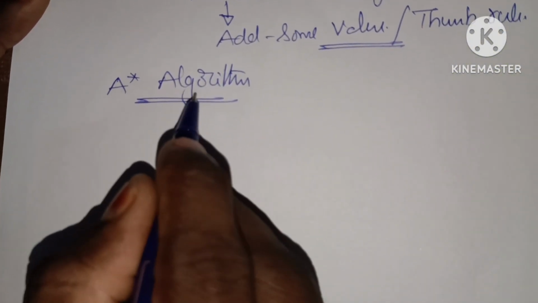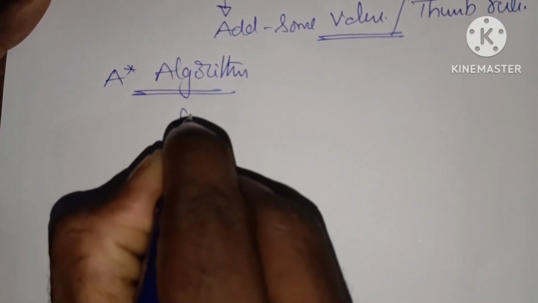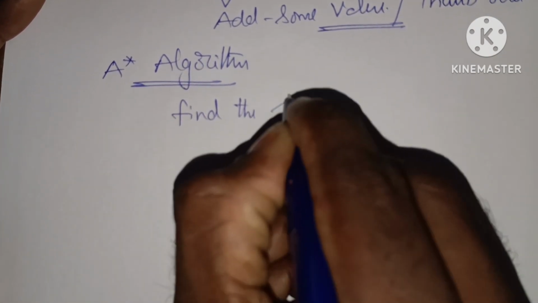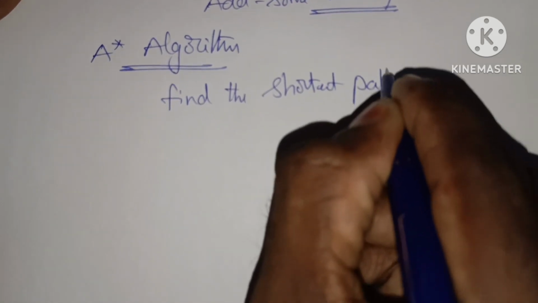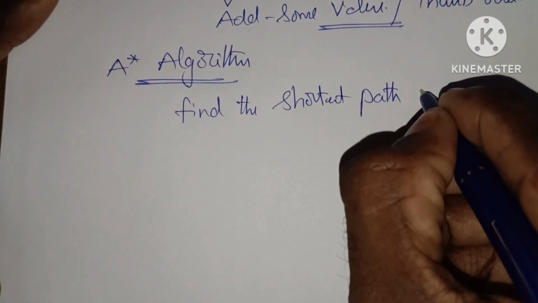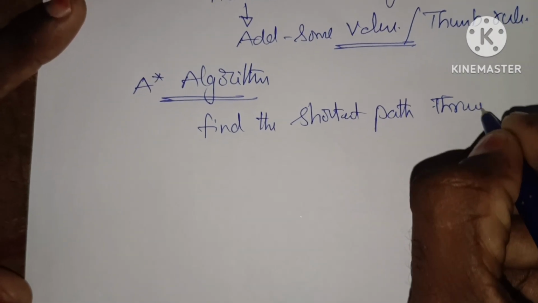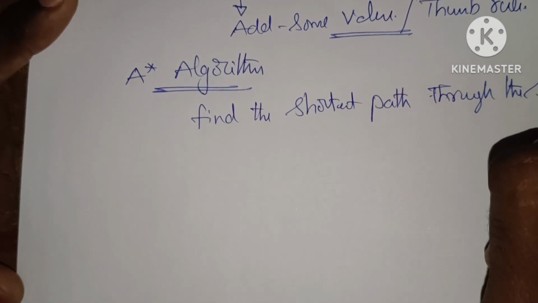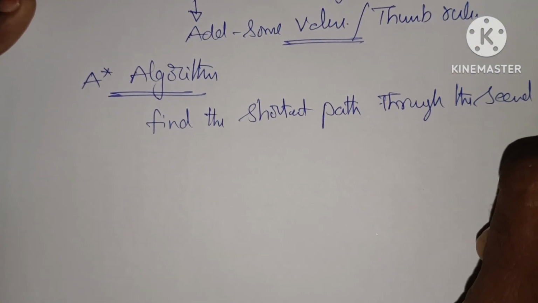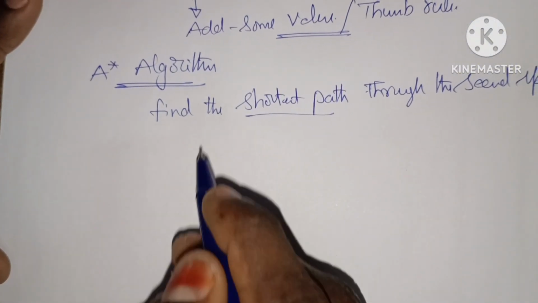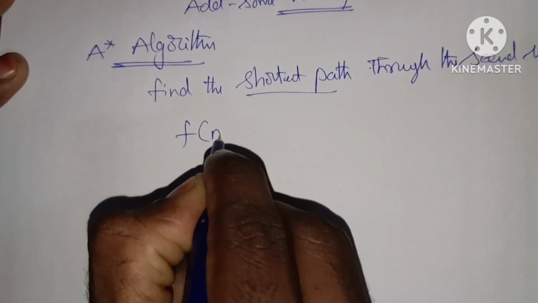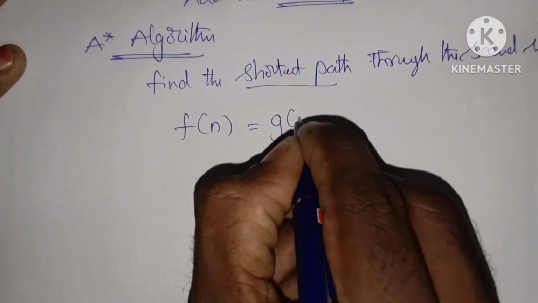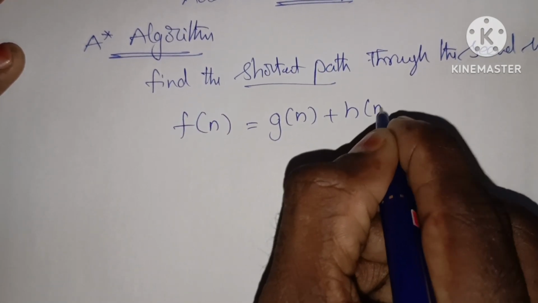A star algorithm is mainly used to find the shortest path through the search space. Clear? So how can you find the shortest path? Here we find the cost f of n equal to g of n plus h of n.